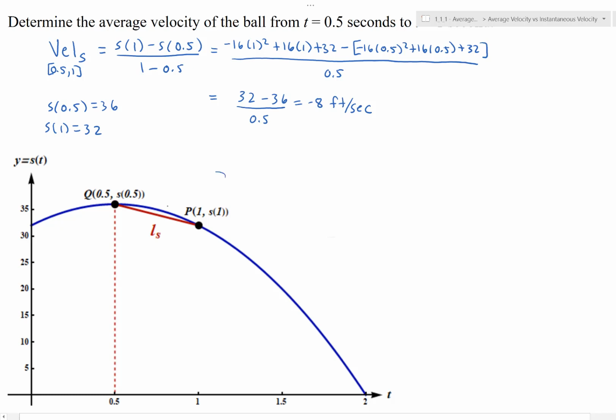And that line right there has slope equal to negative 8. So it's telling us on average per unit time here, per second, how much the ball's position has gone up or down over the interval of time on average.